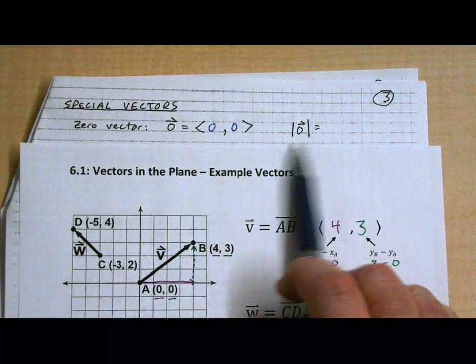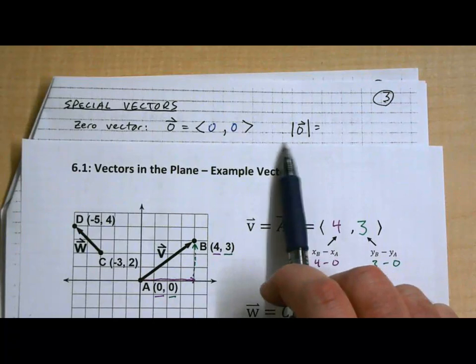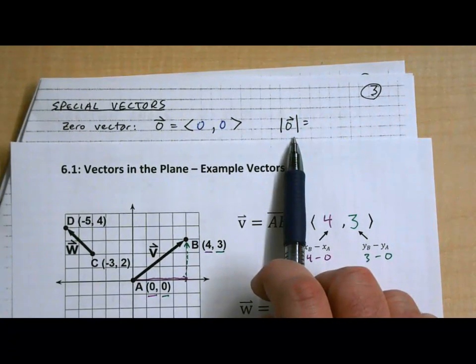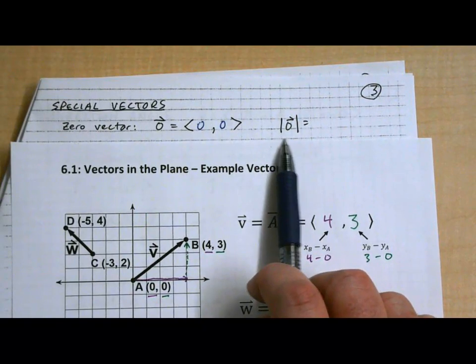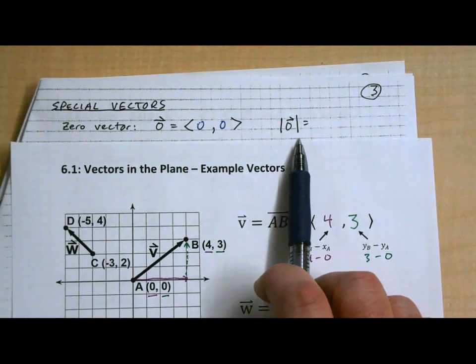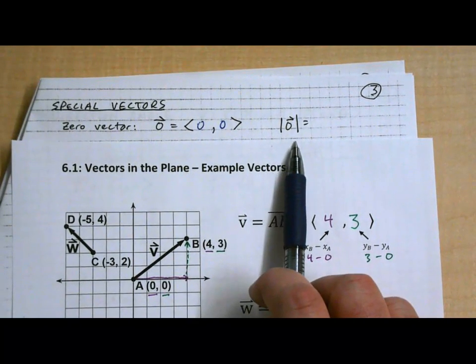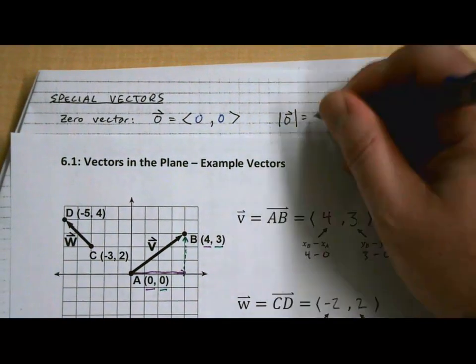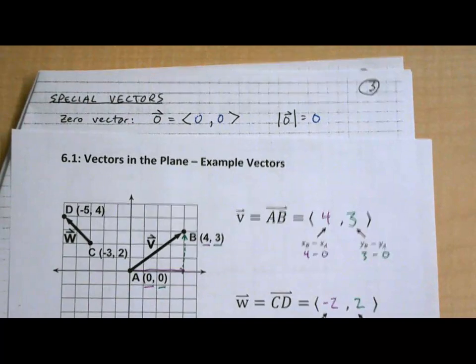I would love everybody to say this in their head, though. How would you pronounce this? This is the 0 vector. Don't say it out loud. Let everybody do it. All right, now let's all say it out loud at the same time. 1, 2, 3, go. The magnitude of the 0 vector. Yes, awesome. You guys did awesome. And what do you think that is? How big is the 0 vector? 0. That's the definition of the 0 vector.